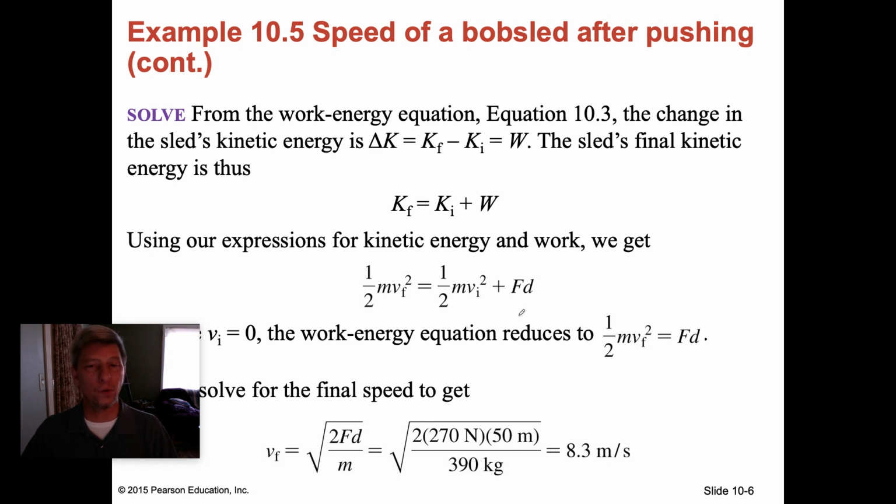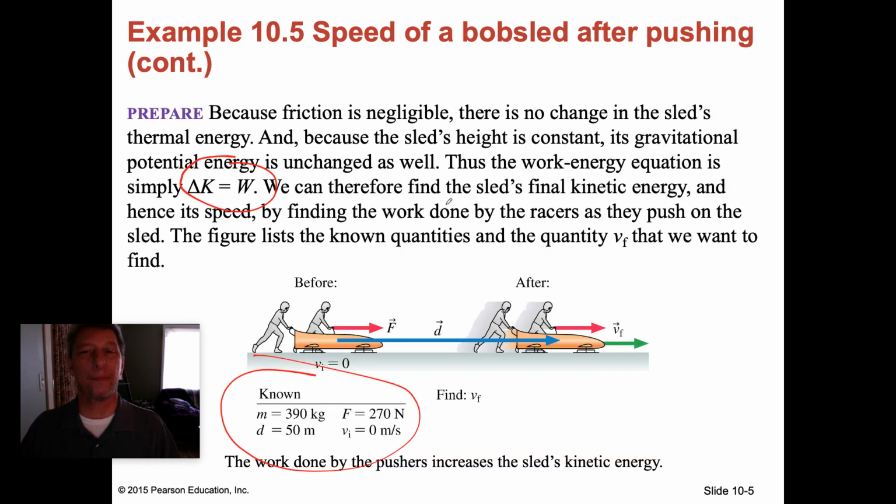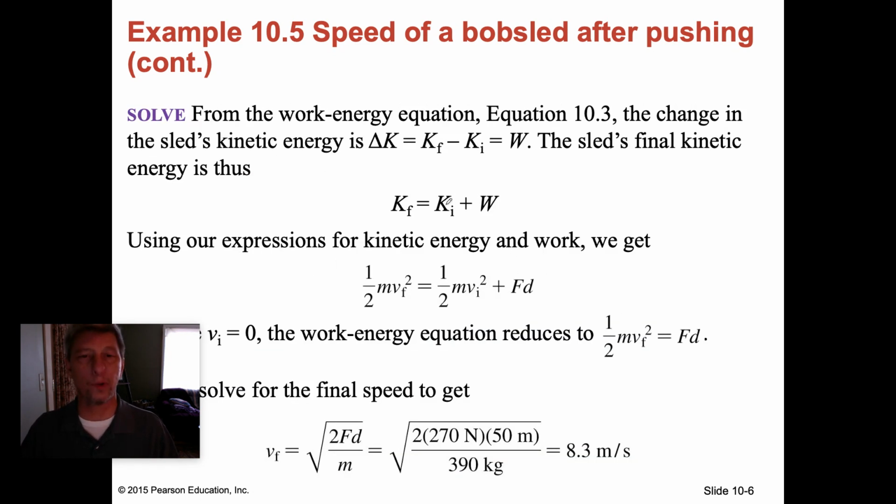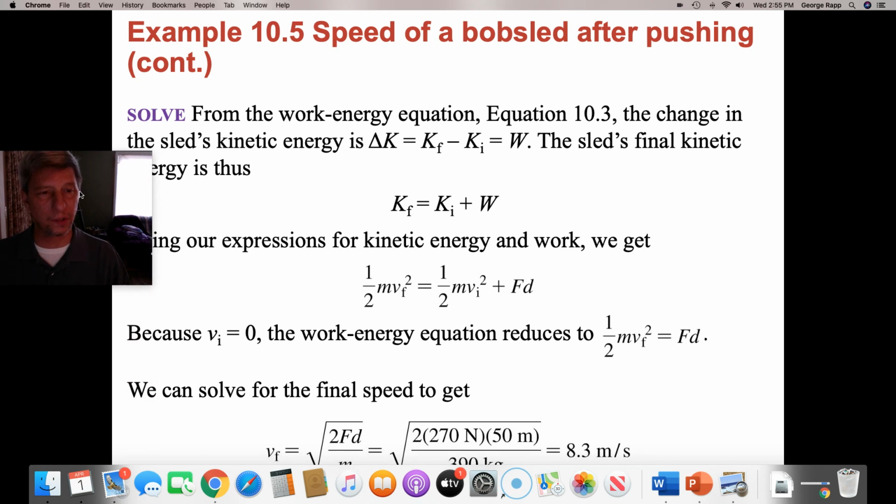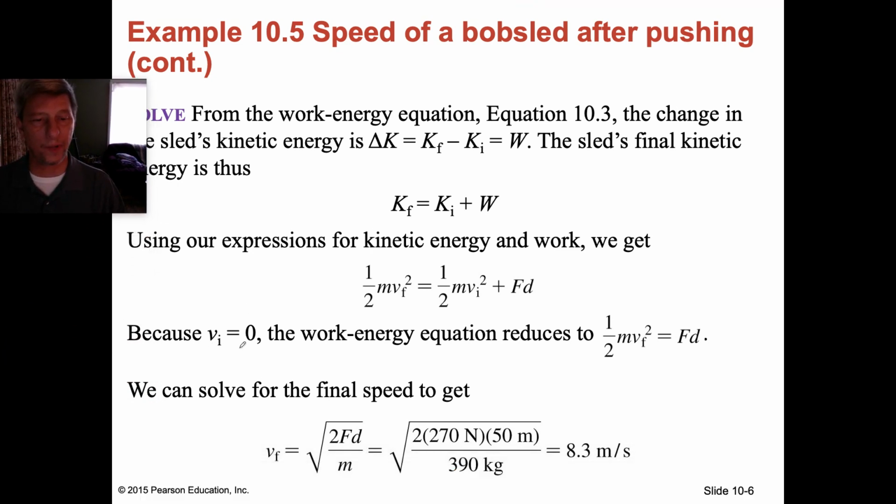If we use the work energy equation, delta K is equal to the final kinetic energy minus the initial kinetic energy, and we set that equal to work. Rearranging to solve for final kinetic energy, we have initial kinetic energy plus work. But again, because the initial velocity is 0, this term goes away.